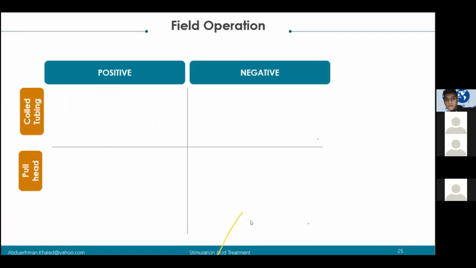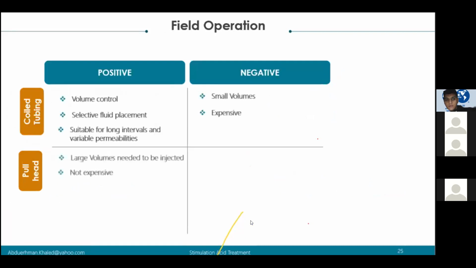Here are some advantages and disadvantages for the field operation. Actually, I don't have that experience in the field operation, but here is what I found. For the coiled tubing, you can control how much volume you want to inject, so the volume is controllable.